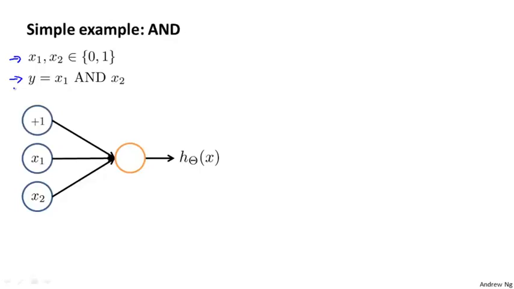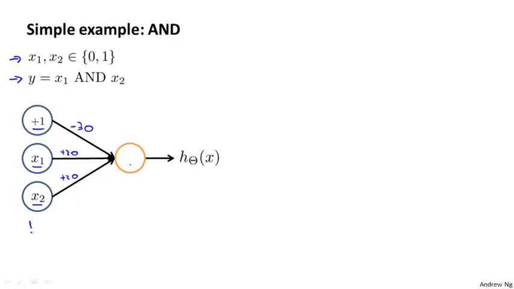Now, let me assign some values to the weights, or the parameters, of this network. I'm going to write down the parameters on this diagram: -30, +20, and +20. What this means is that I'm assigning a value of -30 to the parameter multiplying x0, that is the +1 going into this unit, a parameter value of +20 that multiplies into x1, and a value of +20 for the parameter that multiplies into x2.